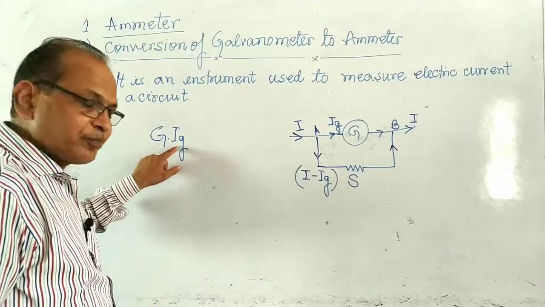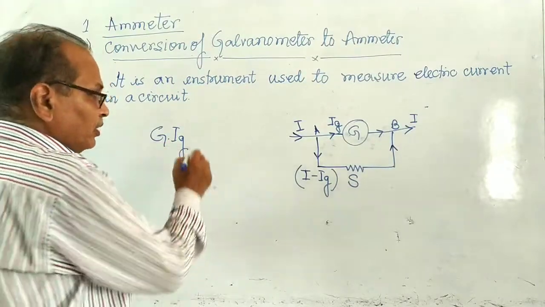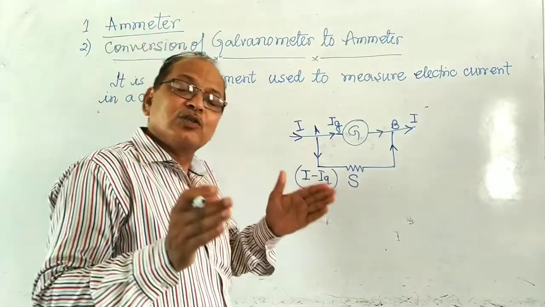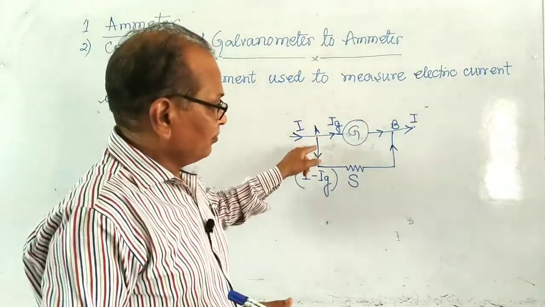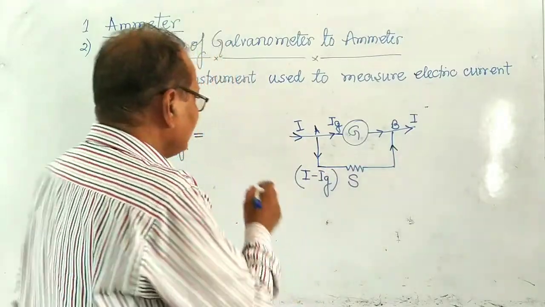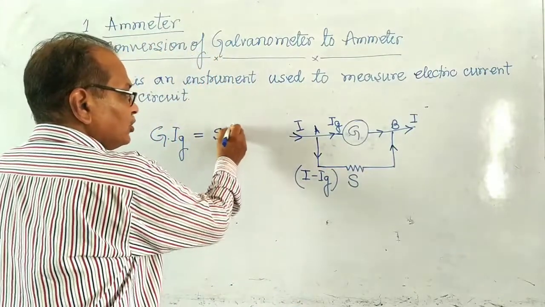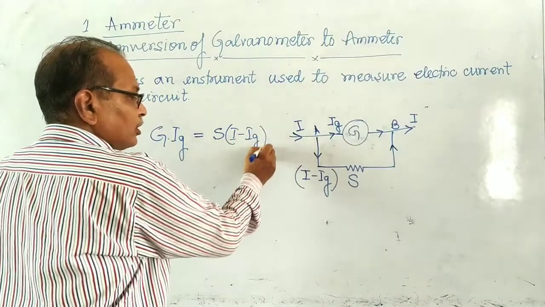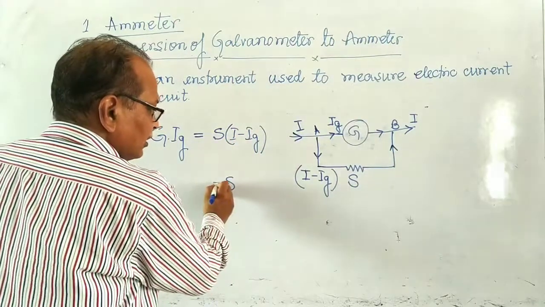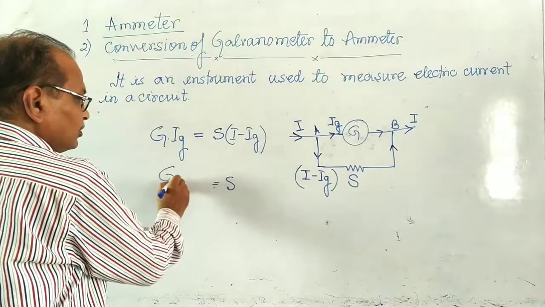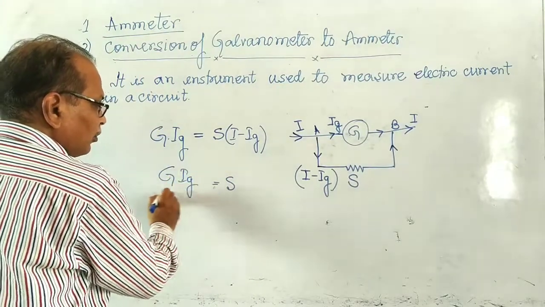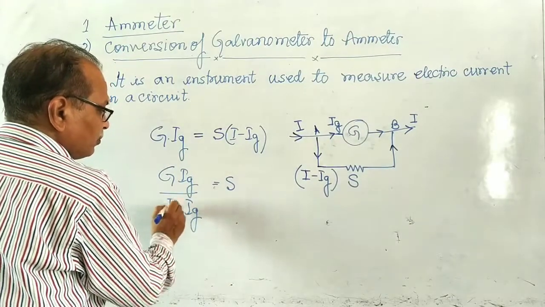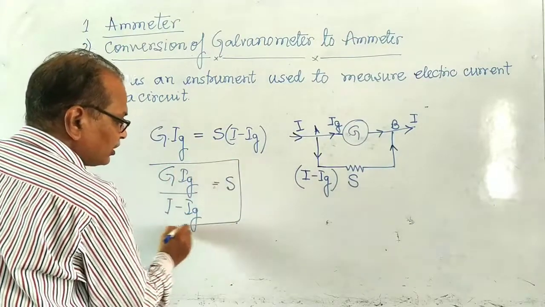Current is Ig, resistance is G, and this will be equal to the potential difference across the shunt, which will be S into I minus Ig. Therefore, S can be written as G Ig upon I minus Ig. So this is the value of the shunt.